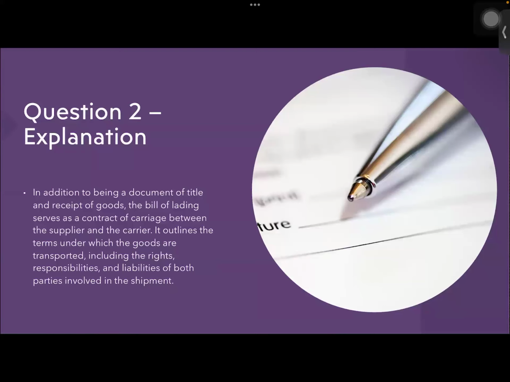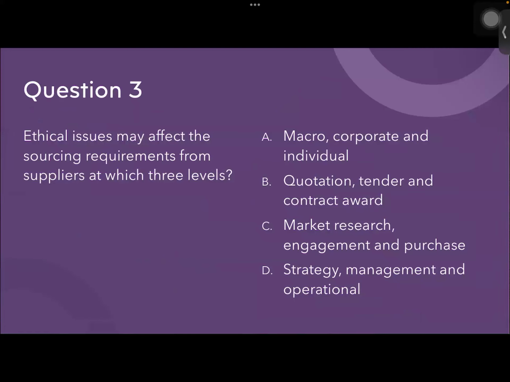Now, let's move on to question number 3. This question is quite familiar, but it is not very well explained in the study guide. It asks about the three levels of impact. It's very hard to explain the aim of this question, but in the exam it just goes like this, and it's very hard to identify the 3 levels of impact.